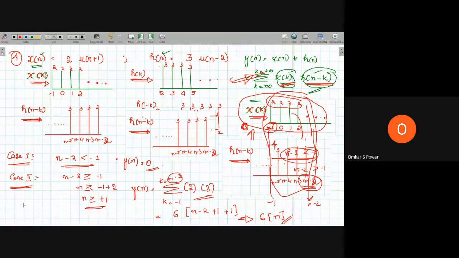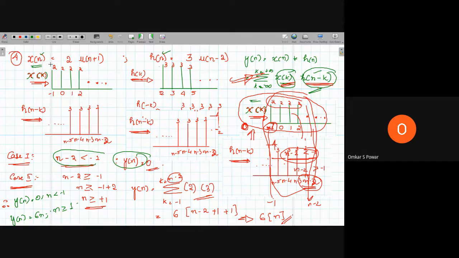So therefore your answer will be, let me write it in green. y of n is equal to 0 when n less than minus 1. So this condition. And y of n is equal to 6n when n greater than or equal to 1. So this is how you solve this problem. Okay.